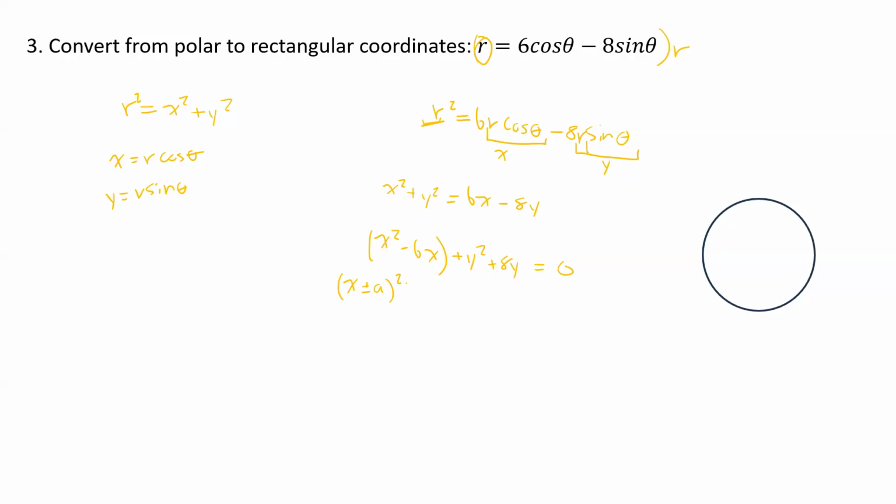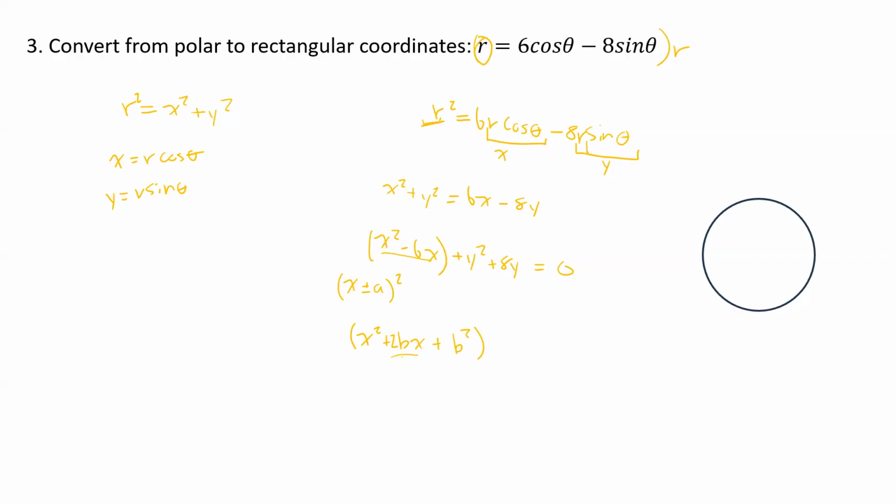How do you think you would do this? Yes, so you want to complete the square. So to complete the square, this should be x squared plus 2bx plus b squared, right?